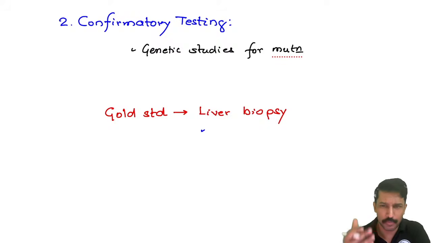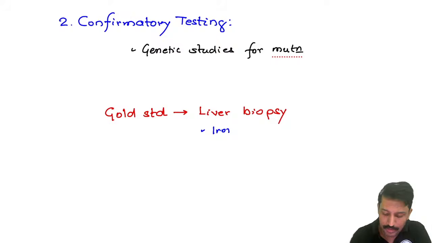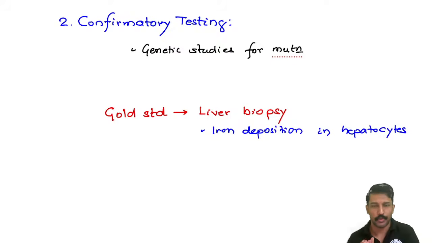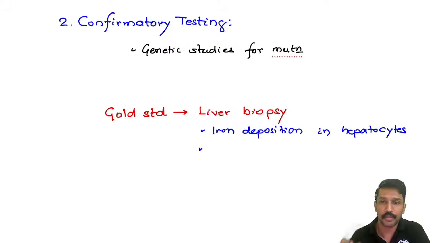So we can use special stains to stain the iron and we will notice that there is iron deposition in hepatocytes and not Kupffer cells. In case of secondary iron overload, the iron deposition will be in the Kupffer cells. First point. Second, now I can quantify the iron. We will call it hepatic iron concentration.